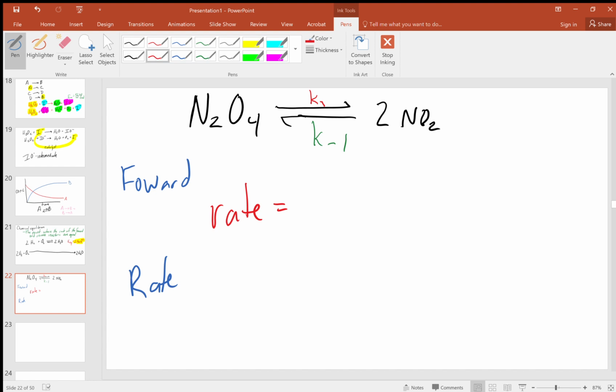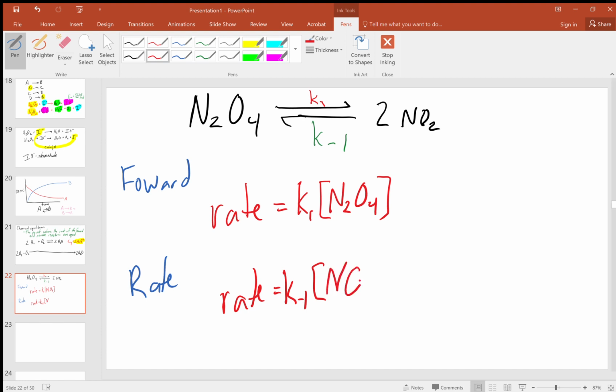So for the forward reaction, the rate is found to be equal to K1, which is its rate constant. Again, that's a value that's determined experimentally. And that's times the concentration of N2O4. For the reverse reaction, we use the other rate constant, K minus 1, and it's found for this reaction that the rate of the reverse reaction is equal to K minus 1 times the concentration of NO2 squared.